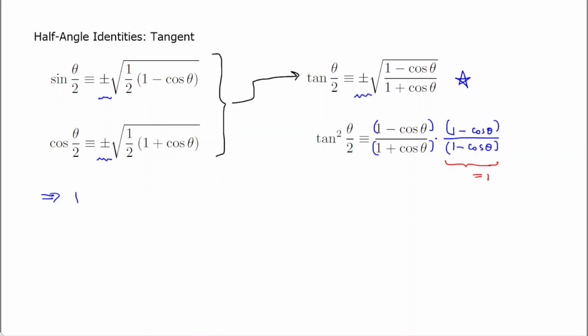Okay, so what I have now is tangent squared theta over 2 identical to, now up top, I could FOIL that out, but I'm not going to. I'm going to write that as 1 minus cosine quantity squared.